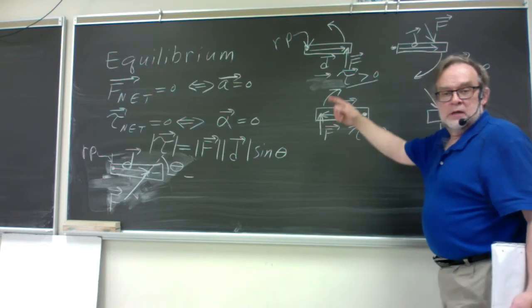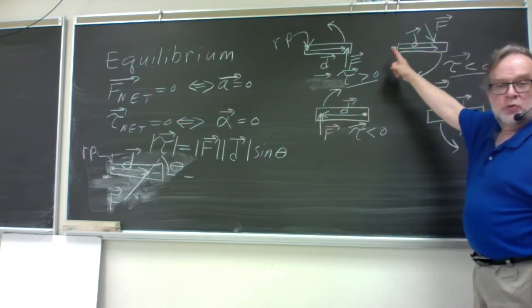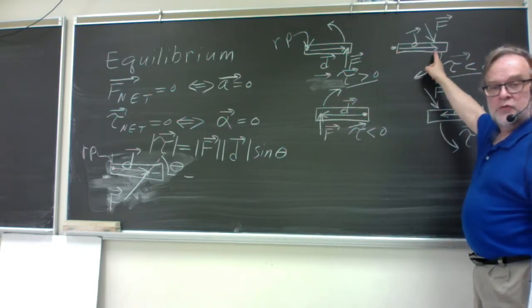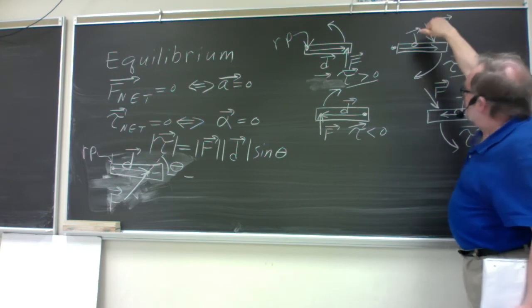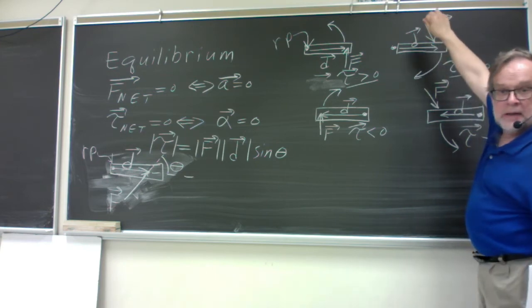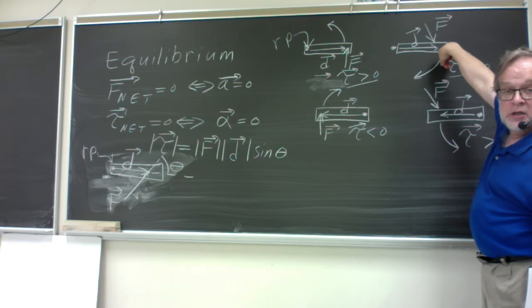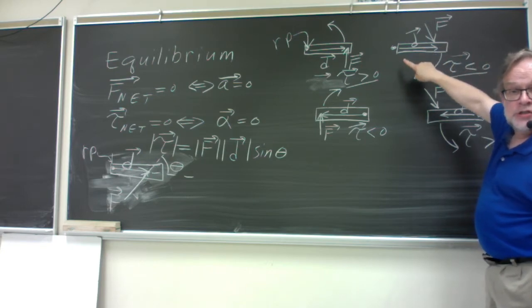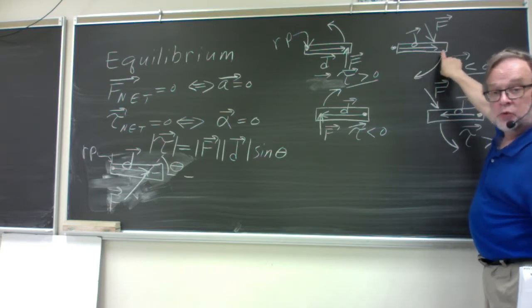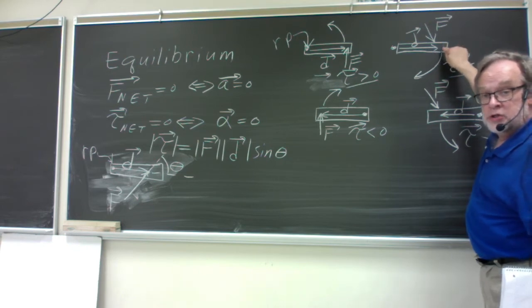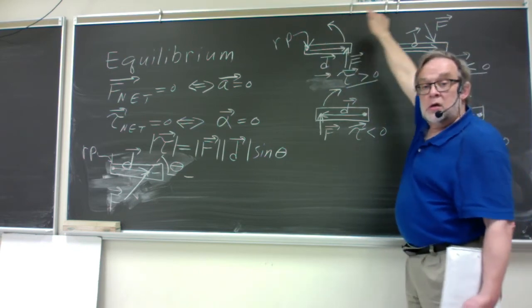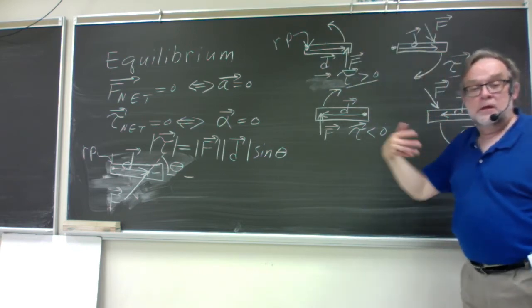And now, imagine the other situation, reference point in the same place, and the force pushes the other way. Now it's pushing down and to the right, so it changes the rotational state of the rod from no rotation to clockwise rotation.